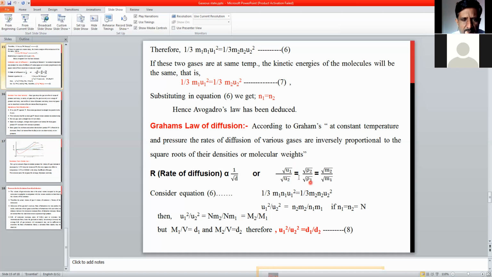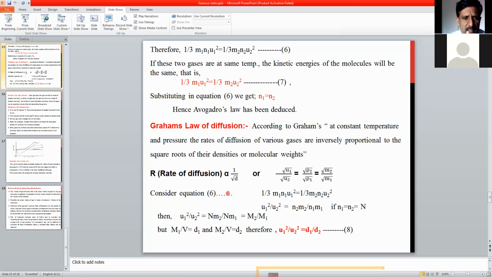Rho2 and Rho1 are the densities of two different gases, and M2 and M1 are the molecular weights of two different gases. This is called Graham's law of diffusion.